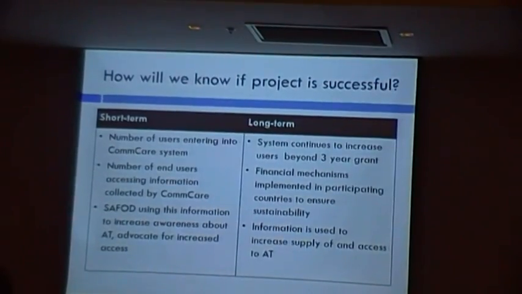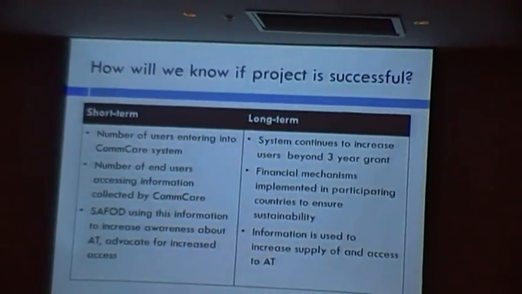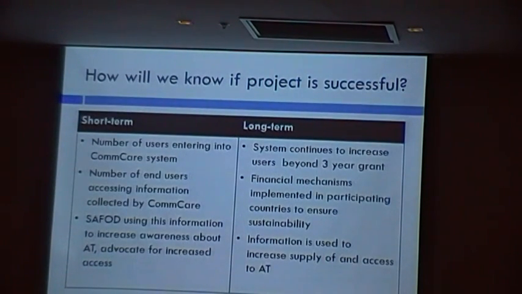Also the number of end users accessing information collected by ComCare, and Safod using this information to increase awareness about AT and advocate for increased access. So we know that the project is successful when we see Safod using this information for increased awareness. And I can assure you that this is going to be done.